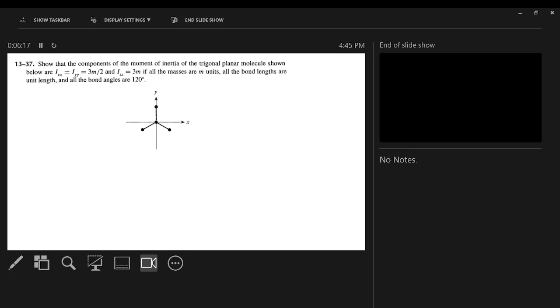Now coming to the last question of today's discussion. We have this trigonal planar molecule. We have to show that Ixx equal to Iyy, which is equal to 3m by 2, and Izz equal to 3m.